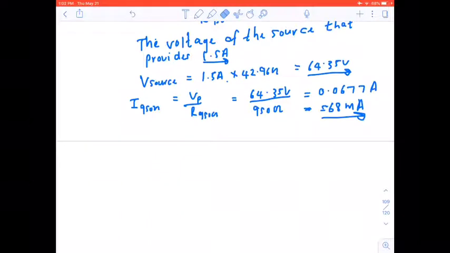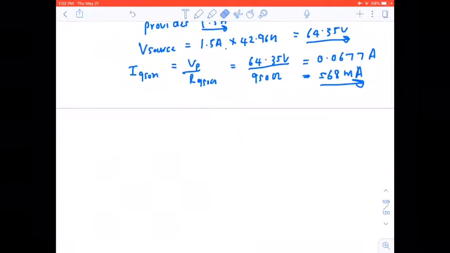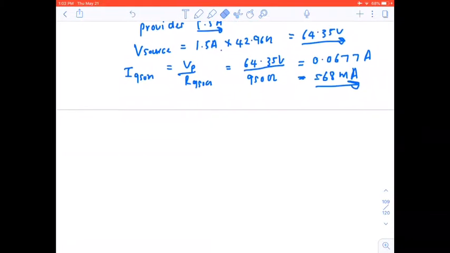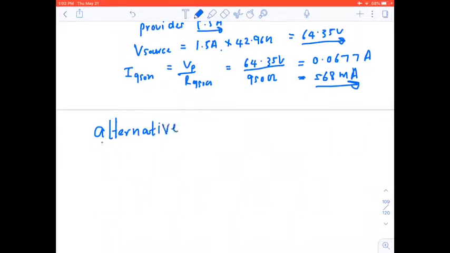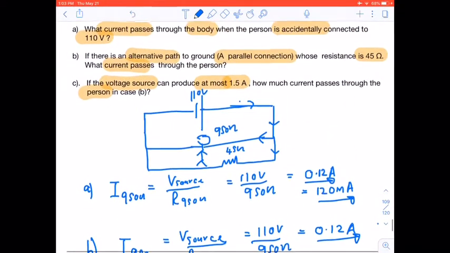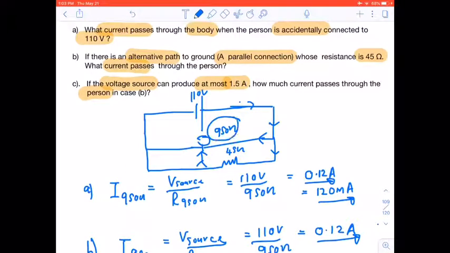Right, now let's look at this from an alternative perspective. Alternative solution, right? Okay, so what we do know is that the voltage across that and that is the same voltage, and that is the voltage of the source.